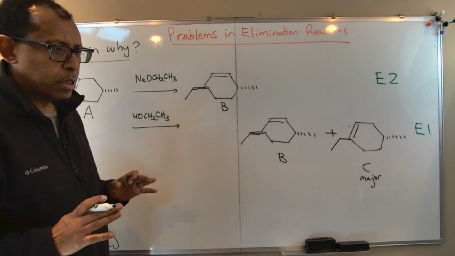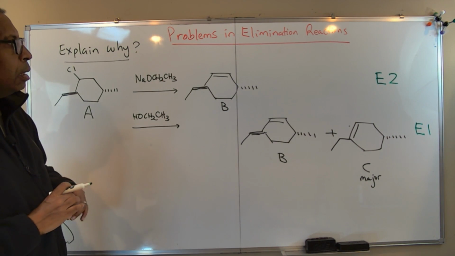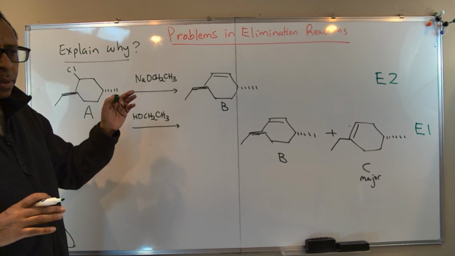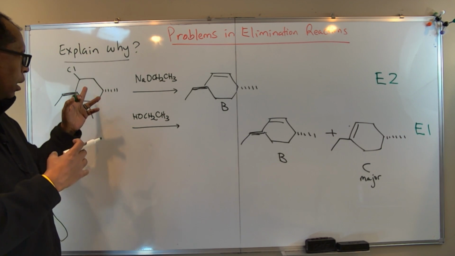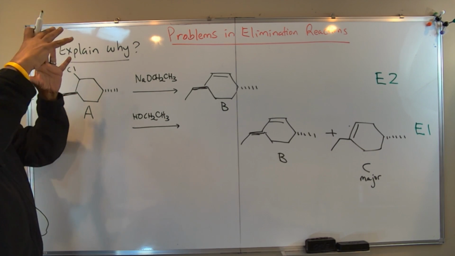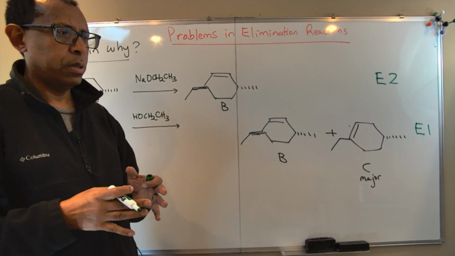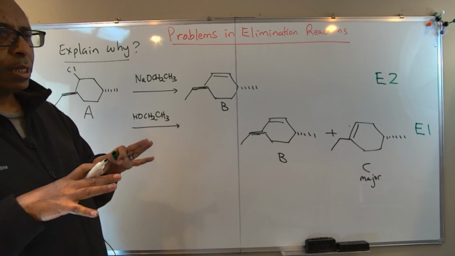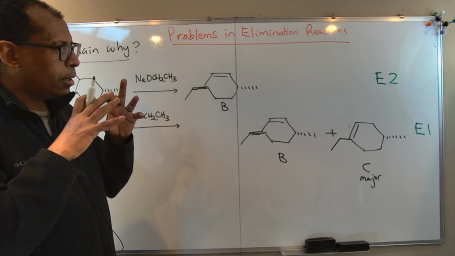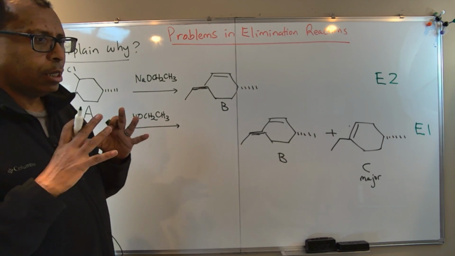So in the transition state, in the E2 case, both the base approaching the alkyl halide and also the alkyl halide are in the transition state. So sterics is very important.